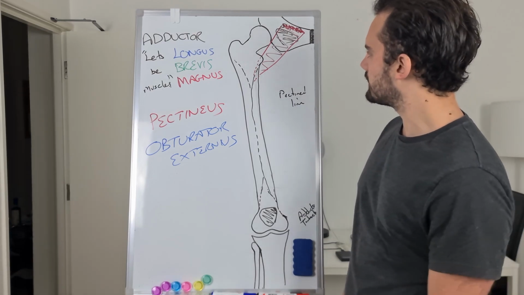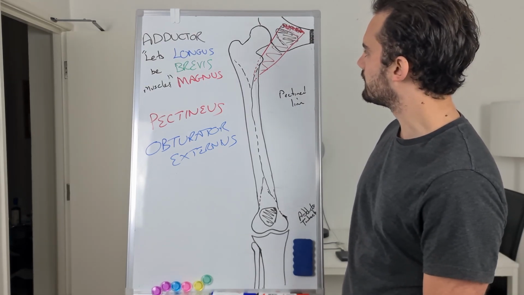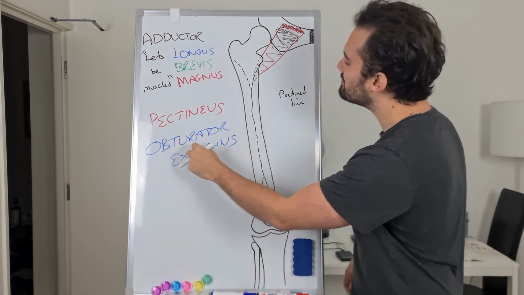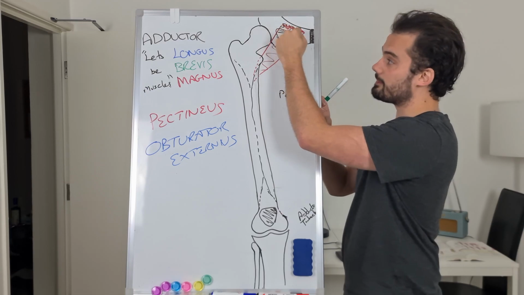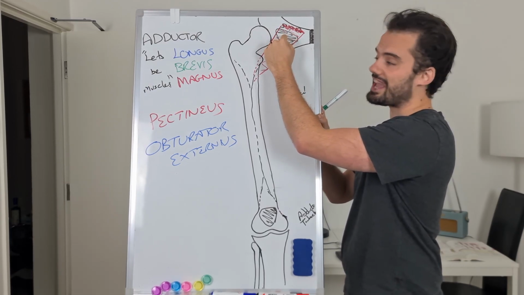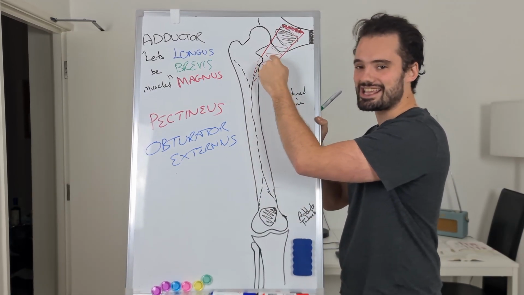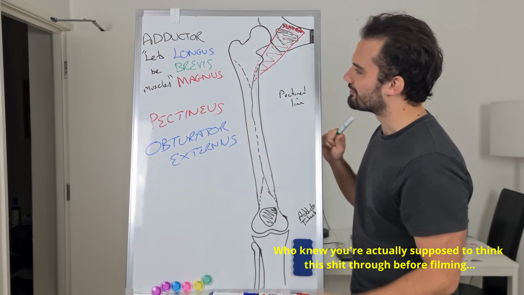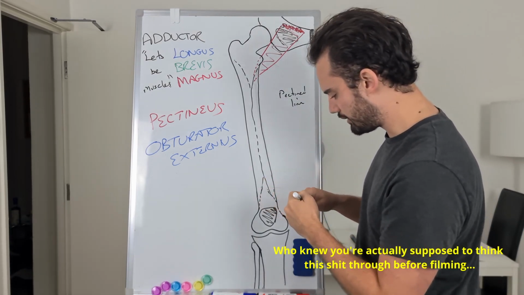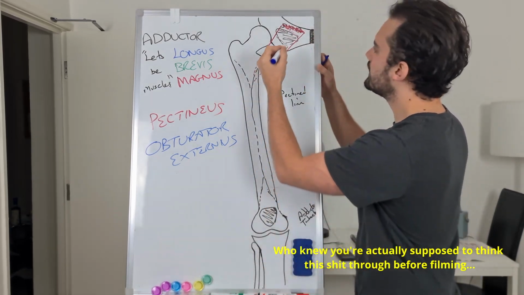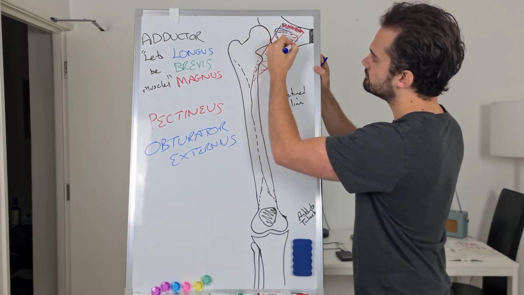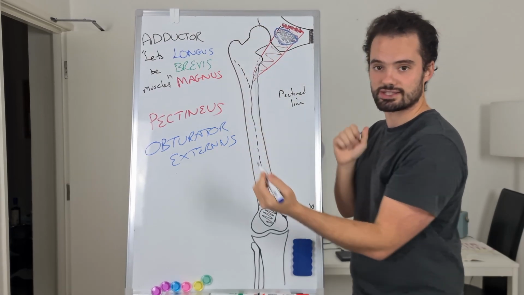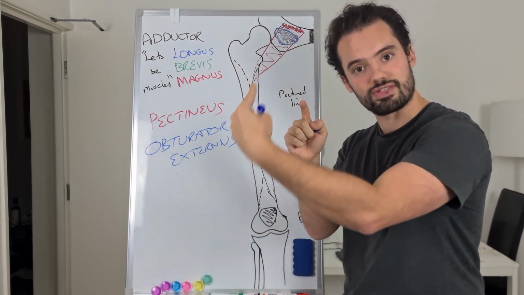Again, why do I keep doing this the wrong way round? Well, it's too late now. Fine. So obturator externus is coming off the outside of the obturator foramen. It is actually deep. It's deep to pectineus. It's behind pectineus. So again, I've not really drawn this in the right order. It's going to come off all of here, the entire front of the obturator foramen, around the entire rim of the outside of it.